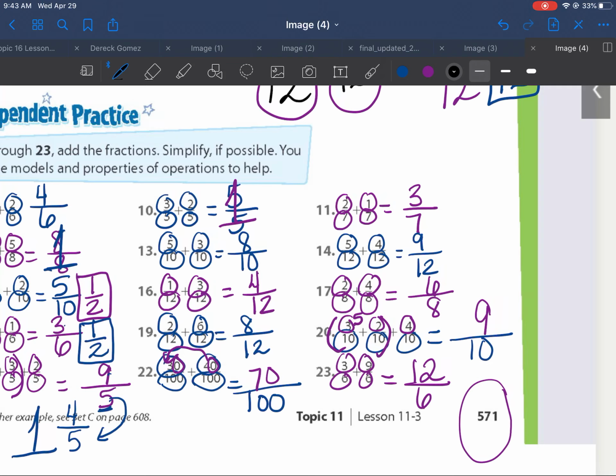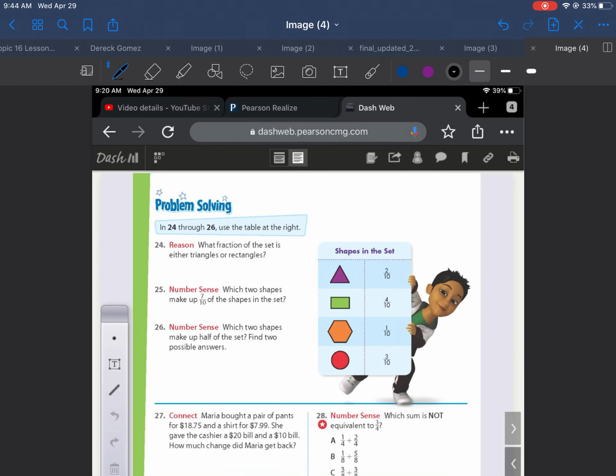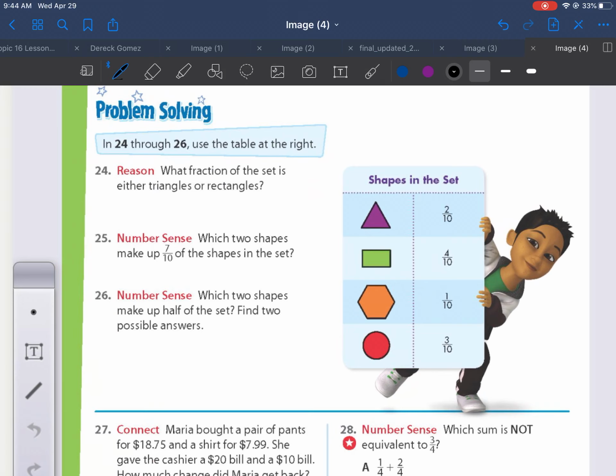Notice that it is an improper fraction because my big brother is on top of my little brother. So I'm going to ask myself, how many times can the 6 go into 12? 6 times 1 is 6. 6 times 2 is 12. So the 6 can go in 2 times. Are we going to have anything left over? Actually, no, because 6 times 2 is 12. So that means that my answer would be 2 wholes.